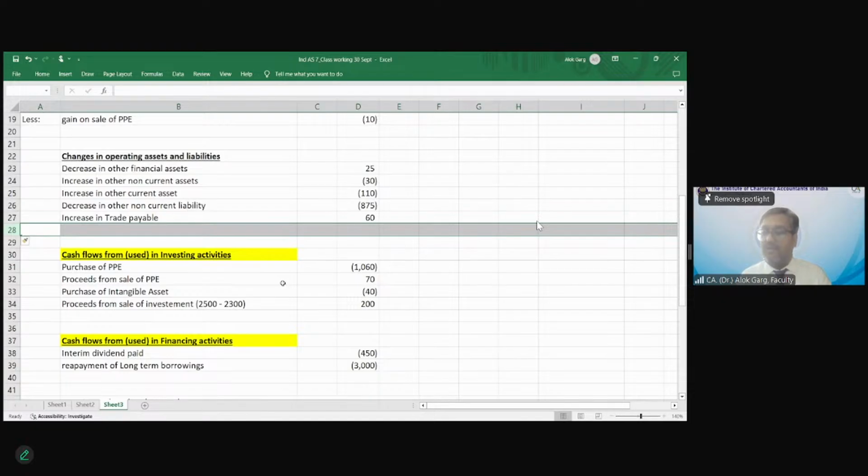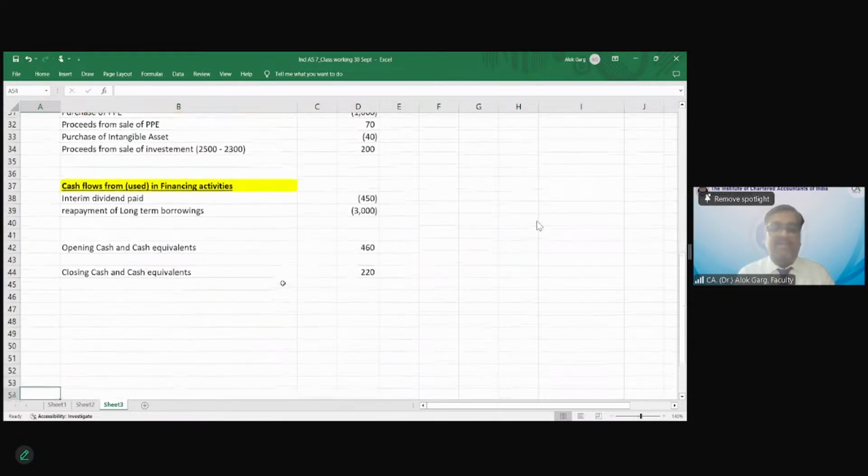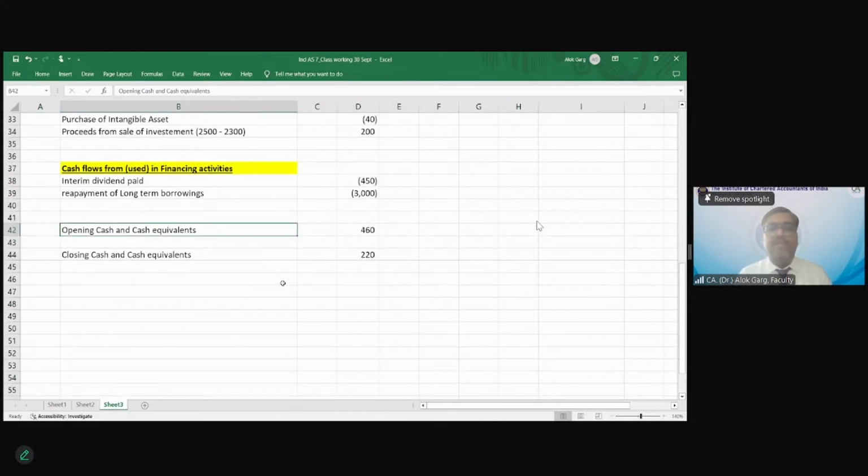Now after trade payable, there is an item called bank overdraft. So what is the treatment of this bank overdraft? Cash and cash equivalent. You remember I have just written cash and cash equivalent. Opening cash and cash equivalent, net of bank OD. What was my opening balance of cash and cash equivalent? 460. What is the value of the bank overdraft?